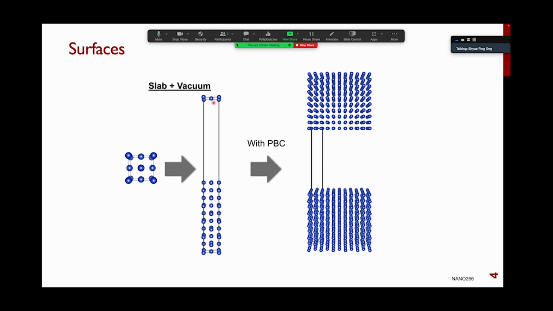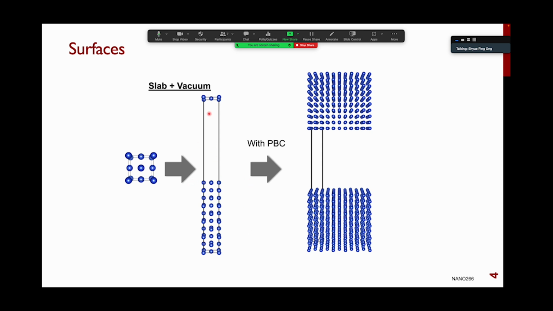Then you remove, let's say, half the atoms or some fraction of the atoms in your supercell. Once you remove the atoms, what you have exposed right here is the 100 surface of your copper, okay? So if you do a calculation using this slab plus vacuum structure, you are essentially simulating the 100 surface of your copper metal, okay?